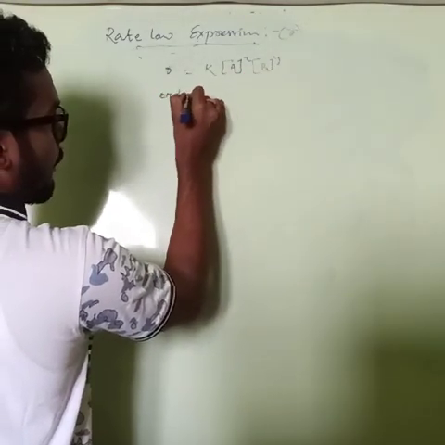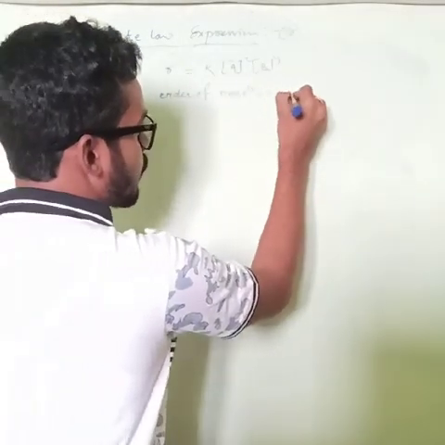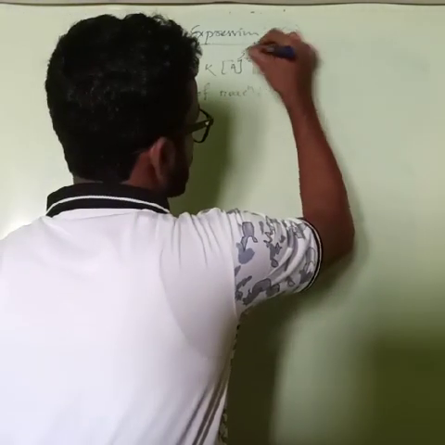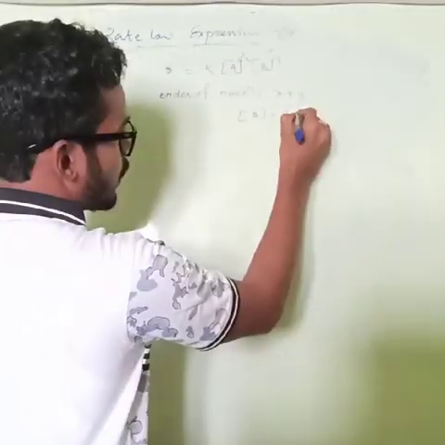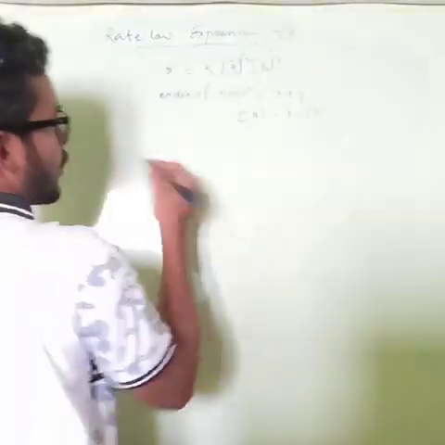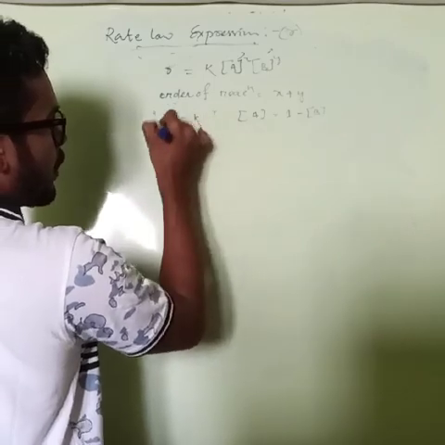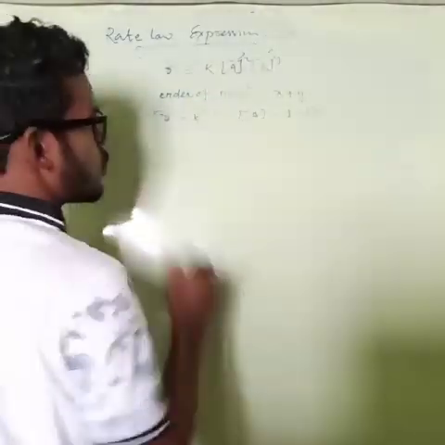Order of reaction equals x plus y. When the concentration of A equals 1 and the concentration of B equals 1, what will we see? R equals K, that is, rate of reaction equals K, the rate constant.